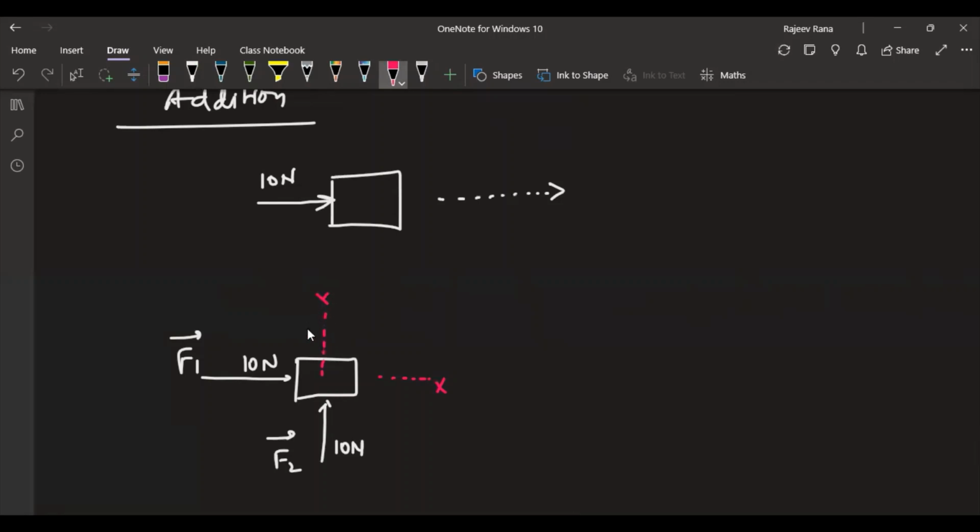It will go diagonally, up to the top right side. So this is the addition of these two. This is F1 and this is F2. So the resultant is F, and F is F1 plus F2.